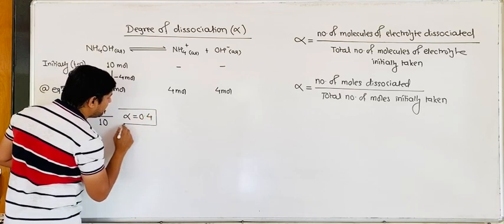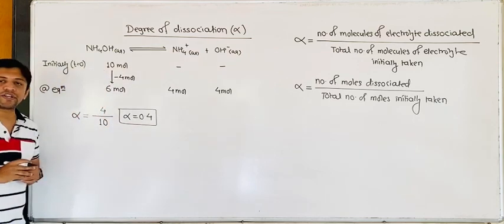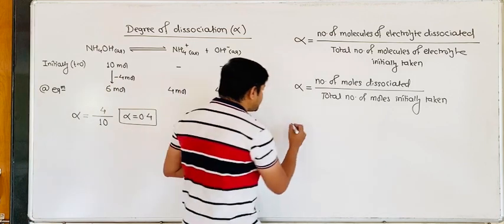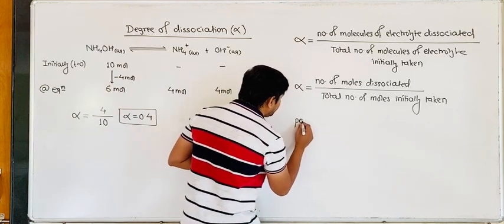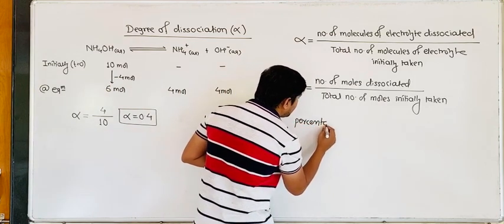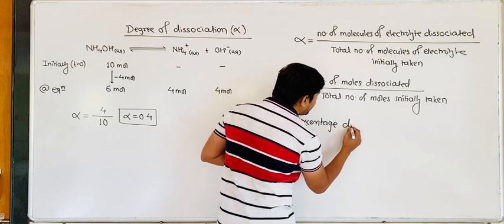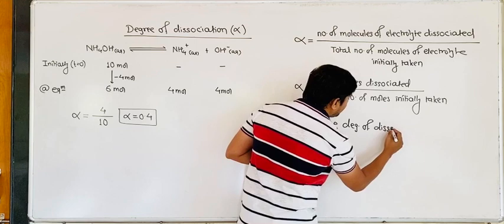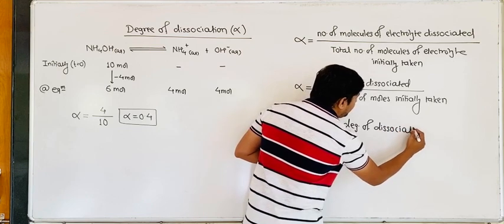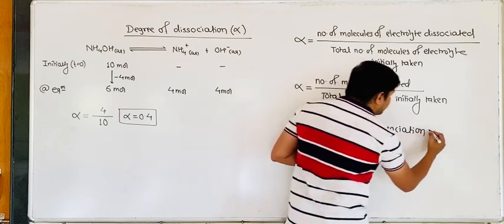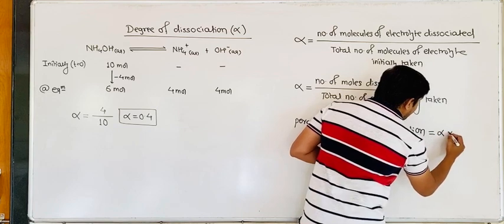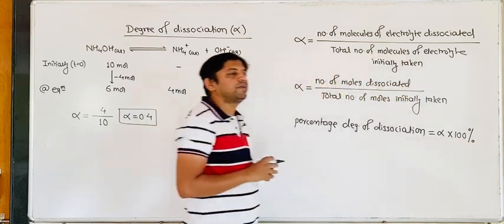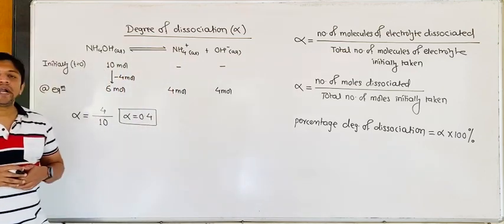So alpha can be represented in the form of fractions, or alpha can be represented in the form of percentage. Percentage degree of dissociation is represented as alpha into 100%.